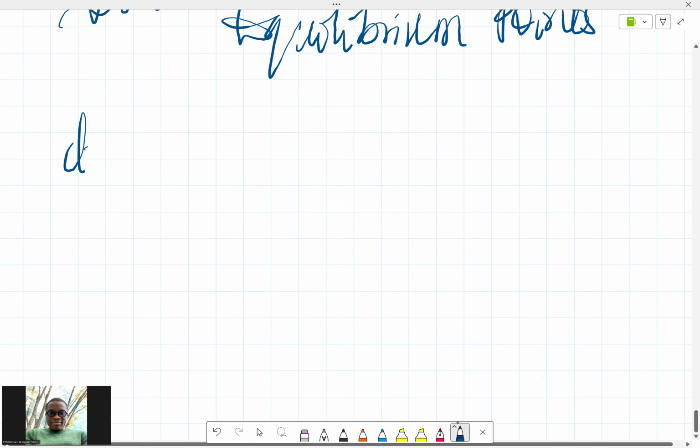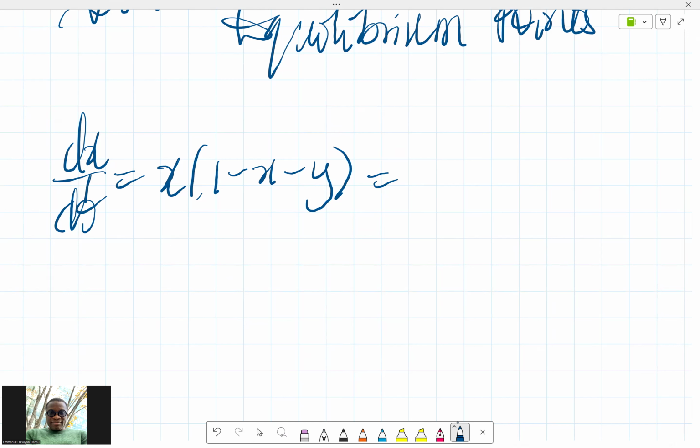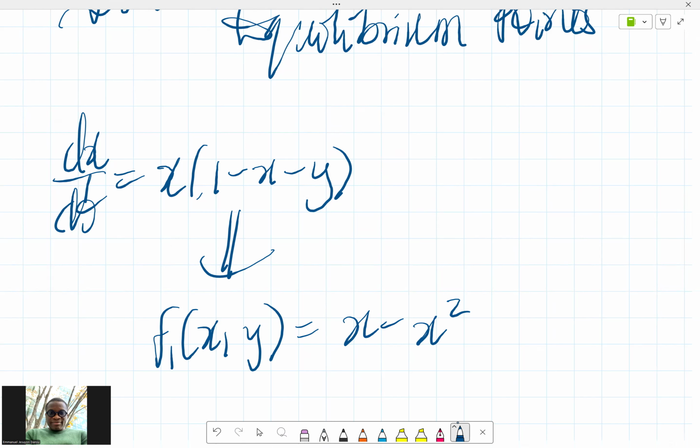So dx dt equals x into 1 minus x minus y. We can call that f1 of x comma y. For easier handling, we can write this as f1 of x comma y equals x minus x squared minus xy.